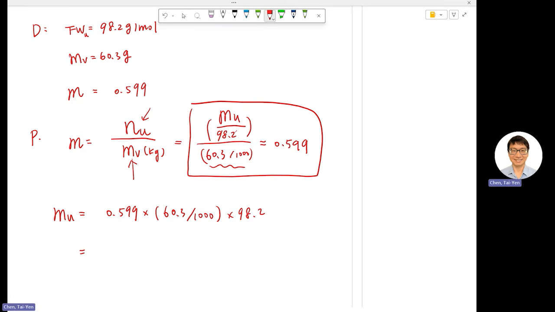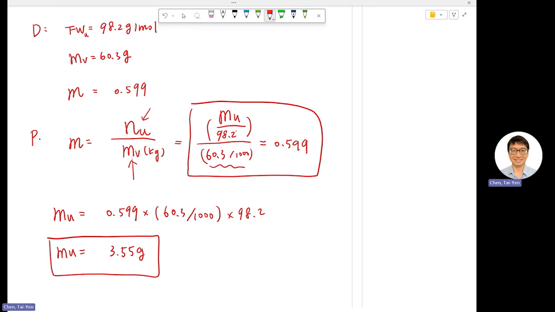Once you finish that, you should be able to get a number of 3.55 grams. Okay, so that's how you solve question number 1.